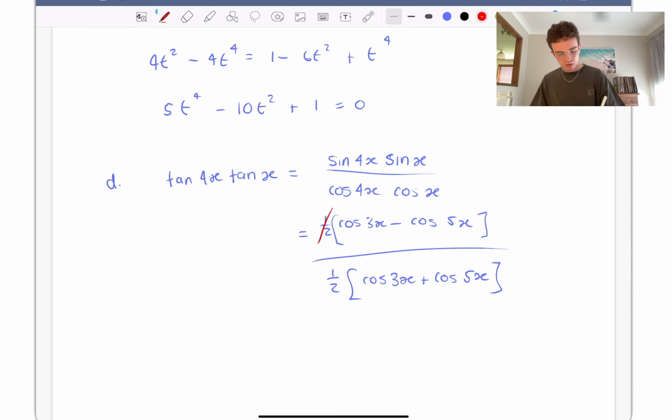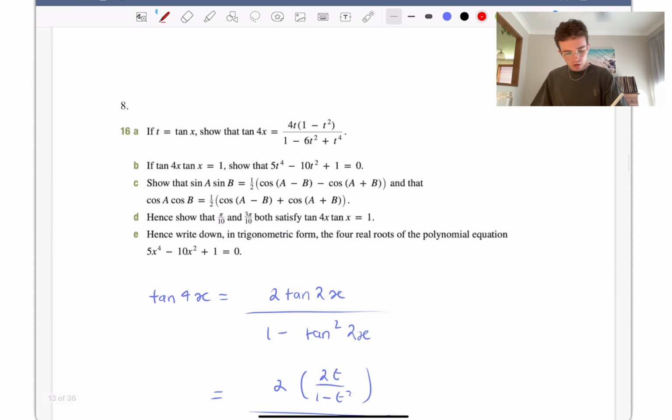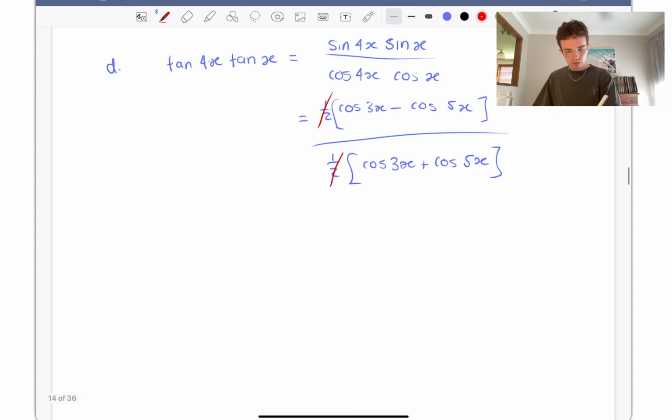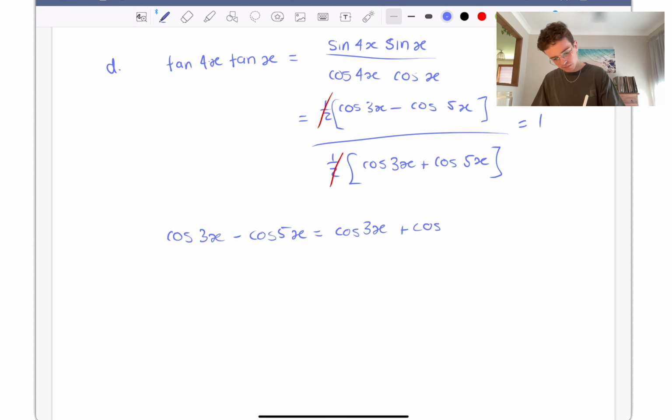Now those halves will cancel, and we're asked to solve it when this is equal to 1. So we're making this equal to 1. So really we've got cos of 3x minus cos of 5x, timesing up the denominator, is equal to cos of 3x plus cos of 5x. Now we can see our cos of 3x's will die, and we're going to have 2 cos of 5x is equal to 0, which means that cos of 5x is equal to 0.